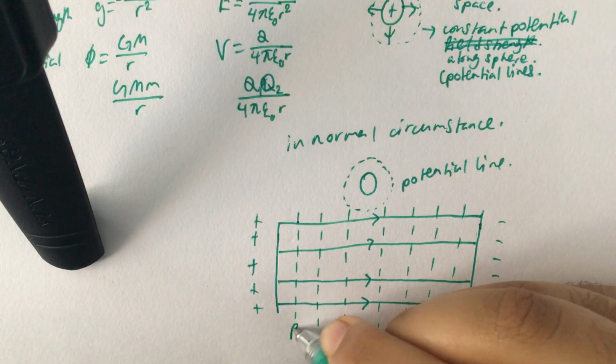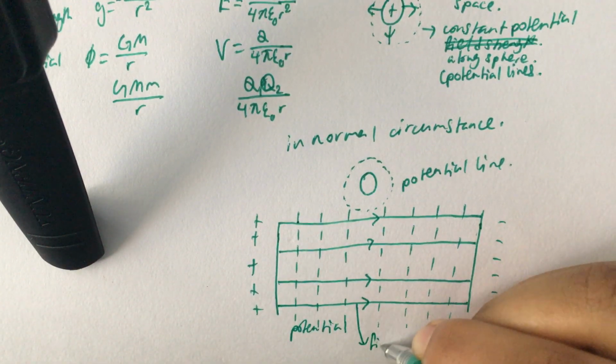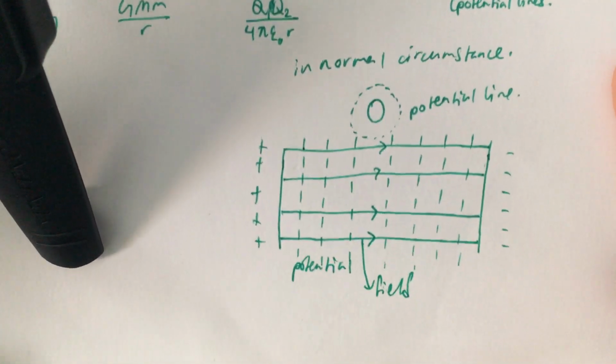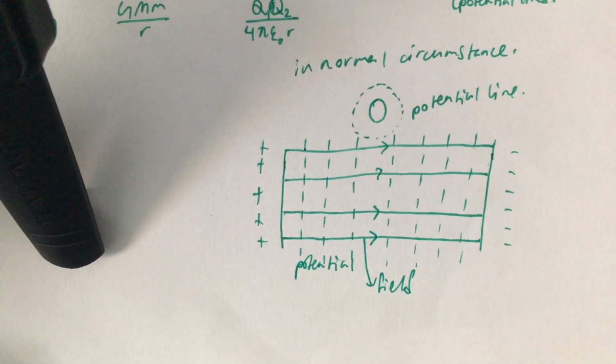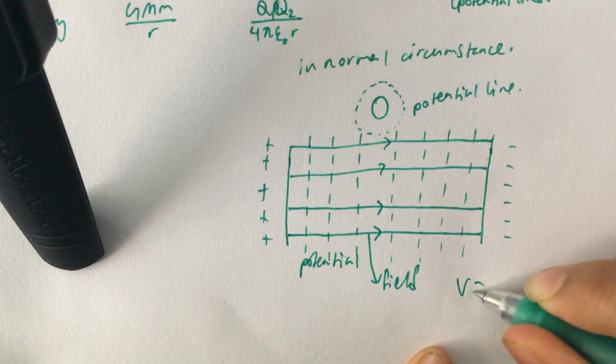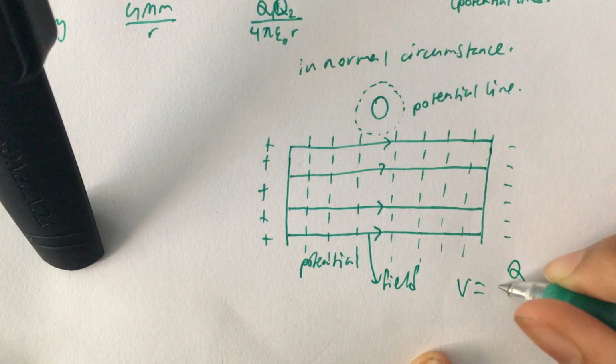So the field strength is just potential divided by r. For a uniform field, instead of r, we use a small d, the distance between the two plates. So the field strength E equals potential V over d, and therefore V equals E times d. That's the equation you need to know here.